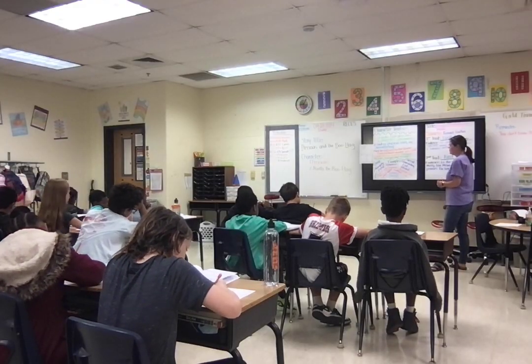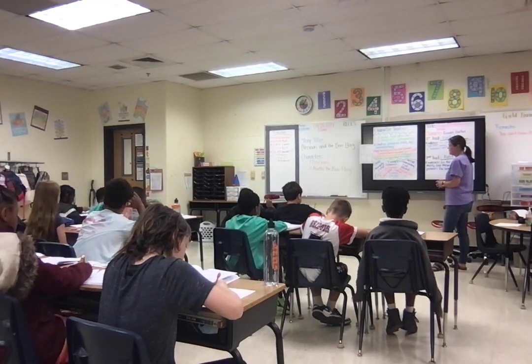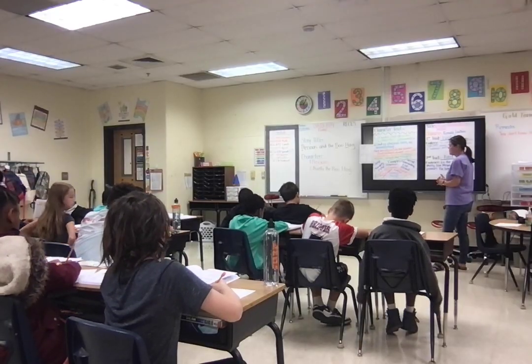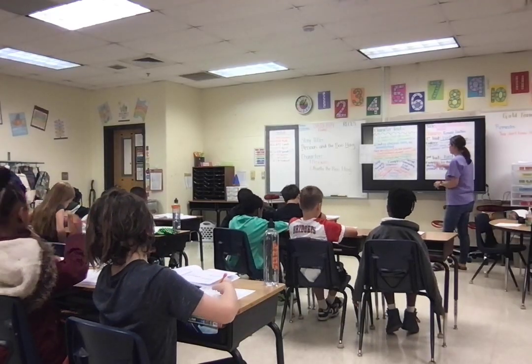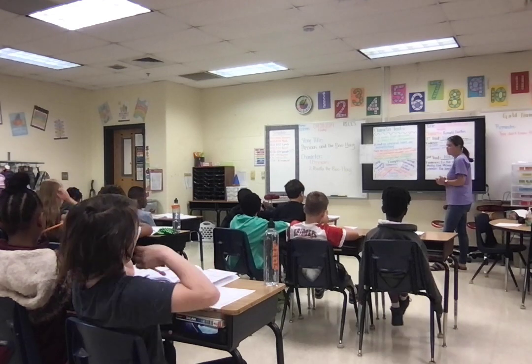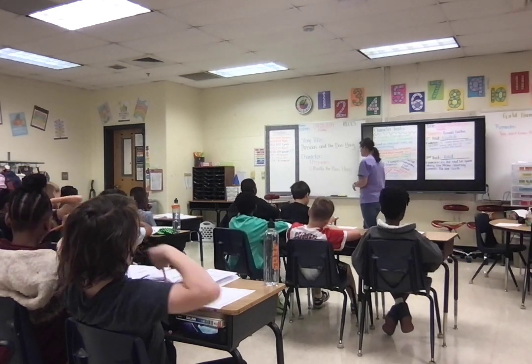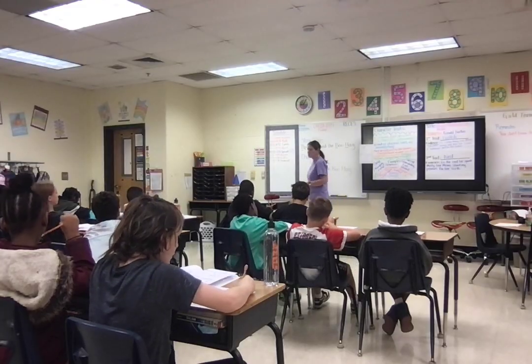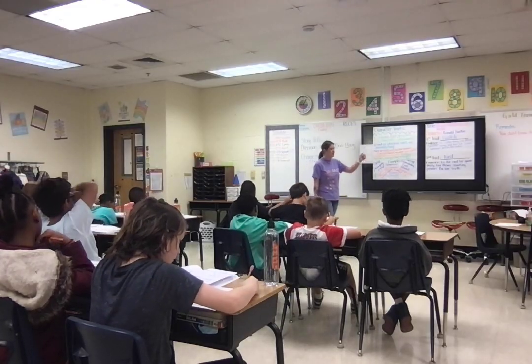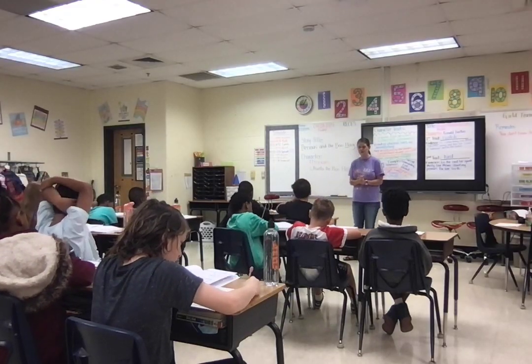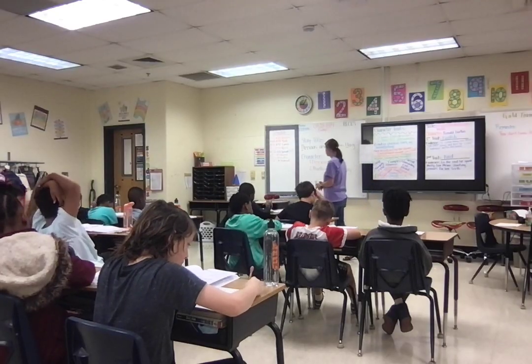So remember, an inference and inferring means guessing based on what you read. So your evidence is going to be what you use to guess for the trait, okay? So if we were to say Precious was smart, you're going to give me an example from the book of how she was smart, okay?